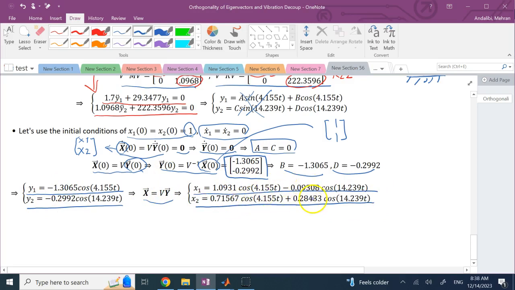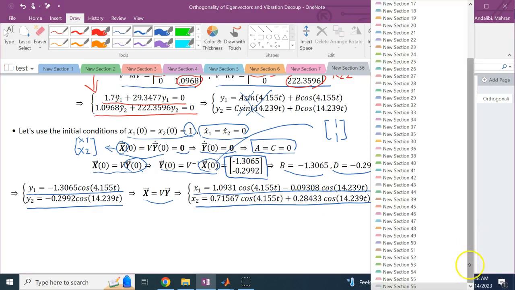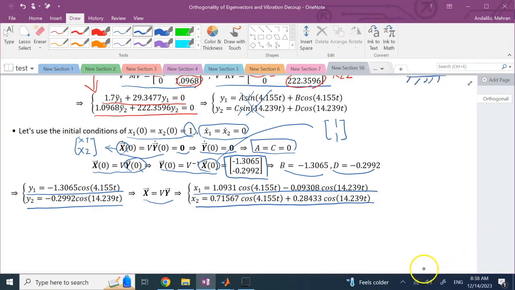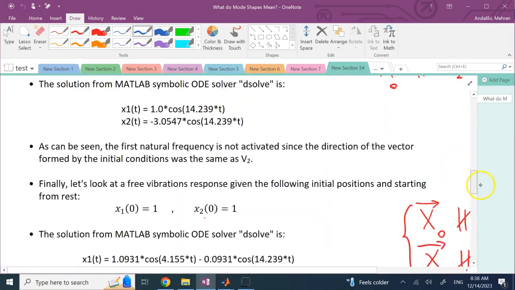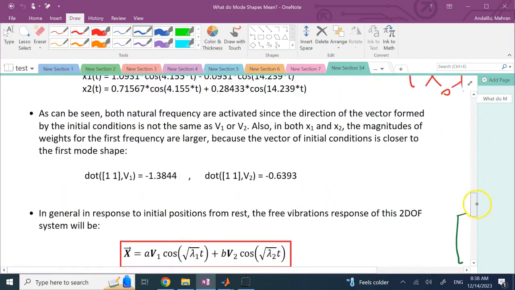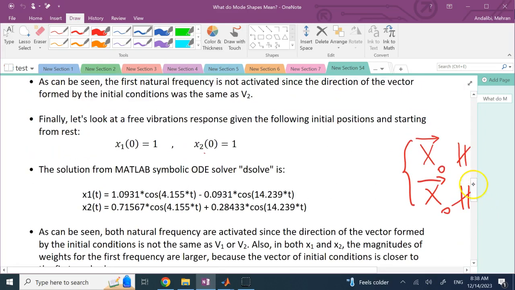And if you look at the solution of last time, we exactly got the same thing. Let me see if I can bring it for you. I guess it was here. Yes. So here, you see, we tried 1 and 1, and these were the two solutions.